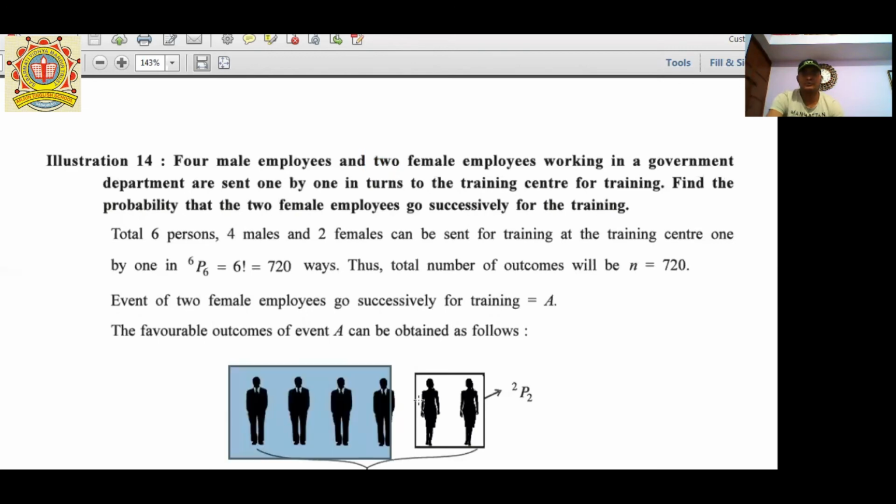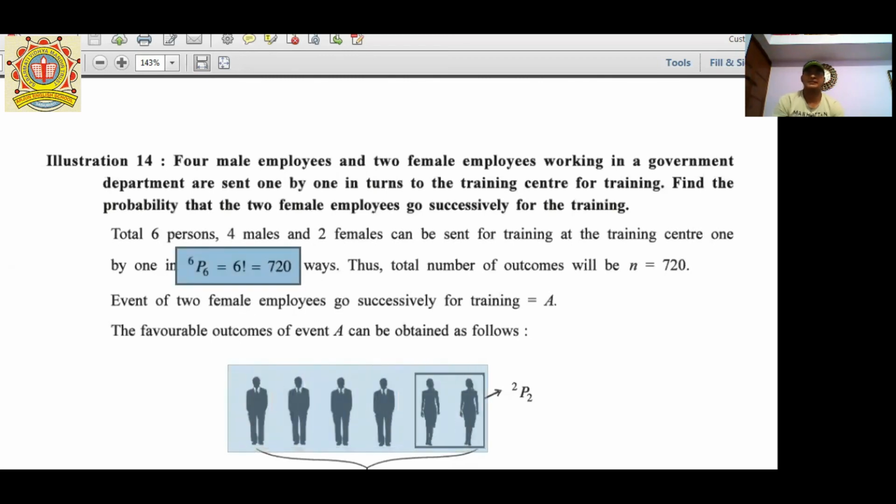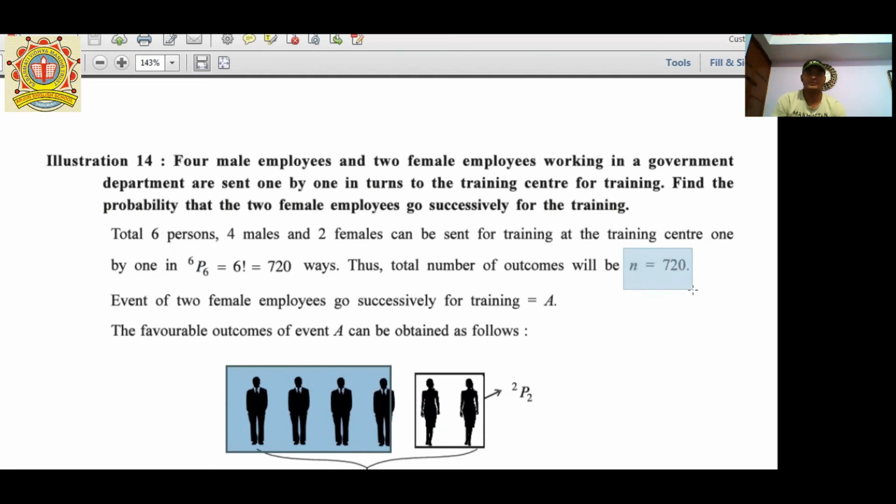So in total we can say that there are 6 employees. So n is equal to 6, and here it is a permutation question, that is for arrangement, and that's why we have to apply 6P6, which is 6 factorial, so n is equal to 720 outcomes. If there are 6 employees, then we can arrange them one by one, so there are 720 possible outcomes.